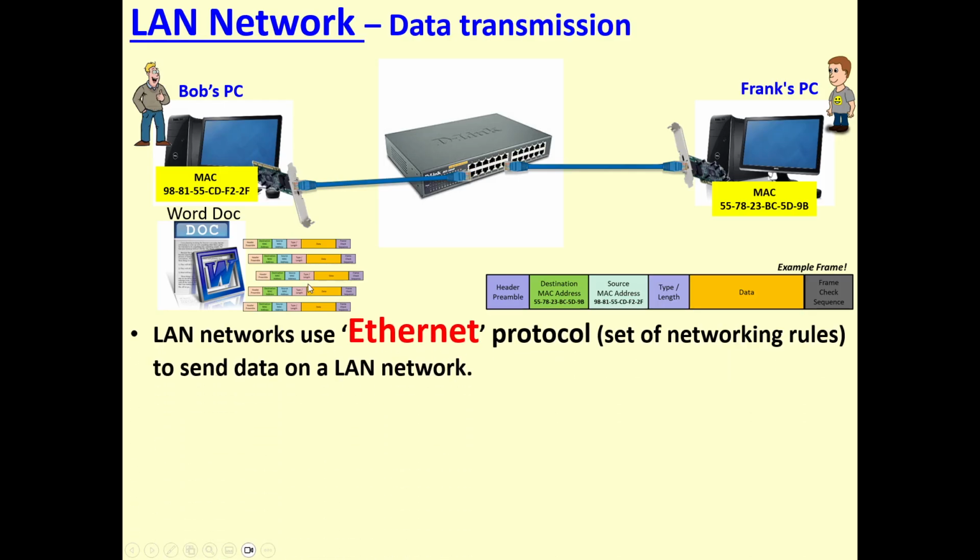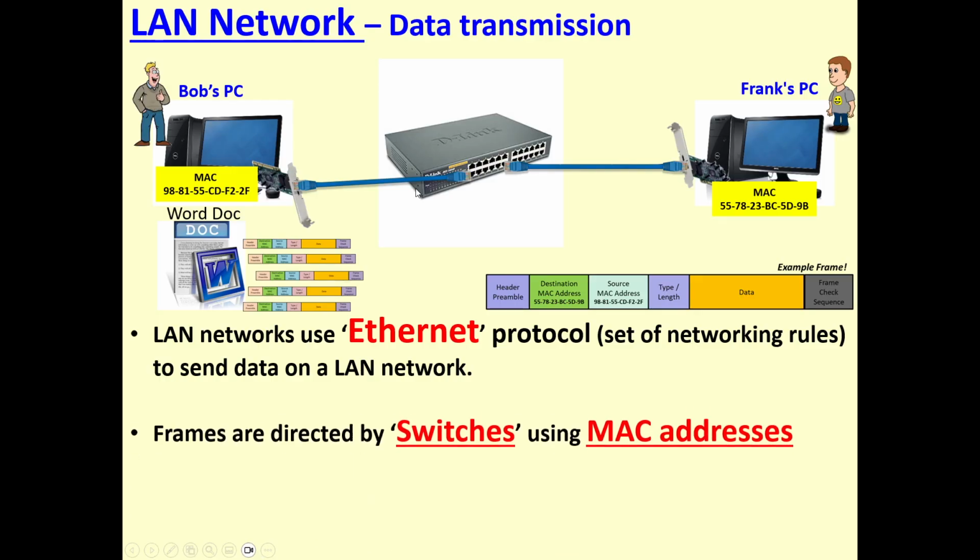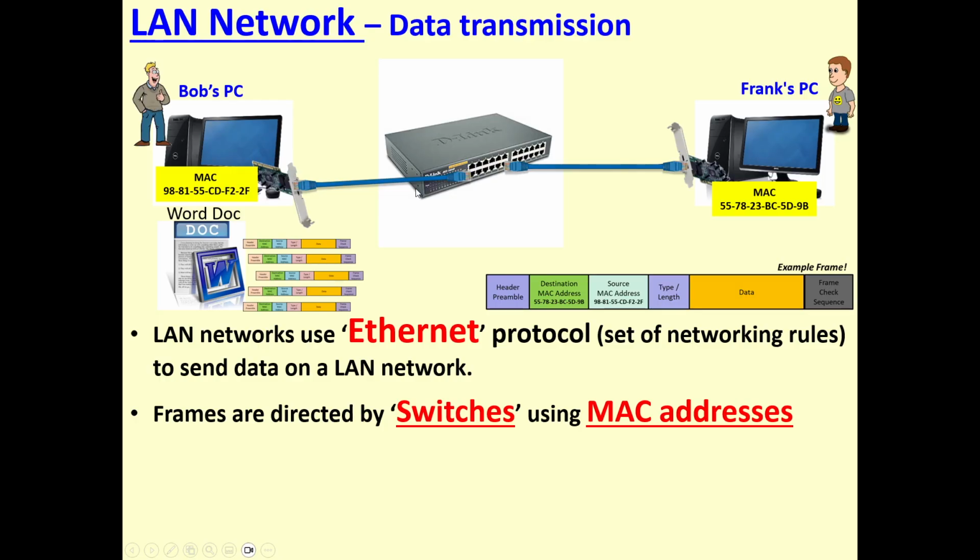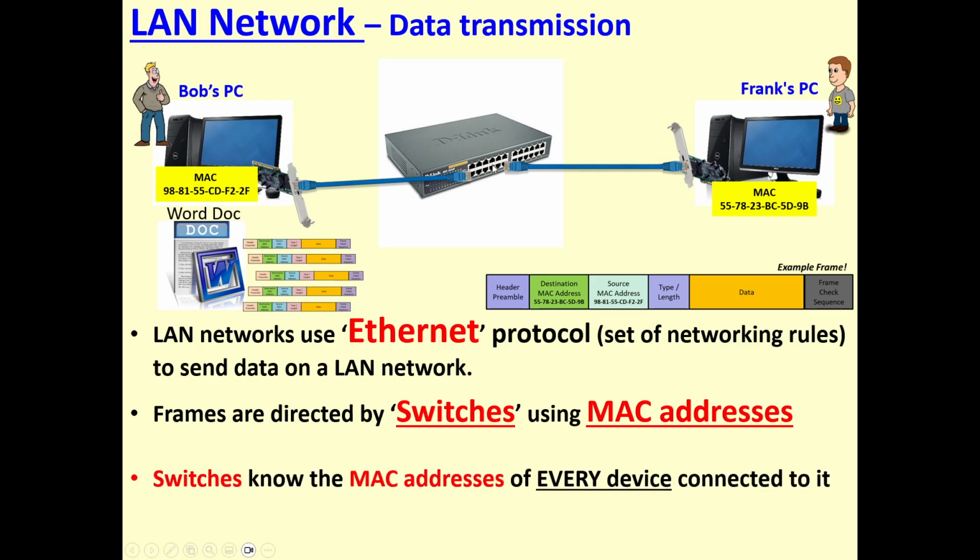The LAN network uses the Ethernet protocol, which is the same name as the wire, the cable here, to send the data over a LAN network. Frames are directed by the switches. Each device is connected to a switch, and the switch uses the MAC address to direct the data.